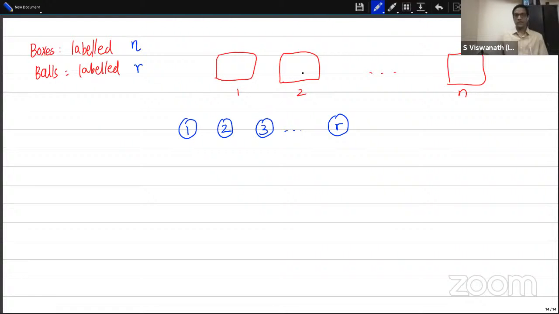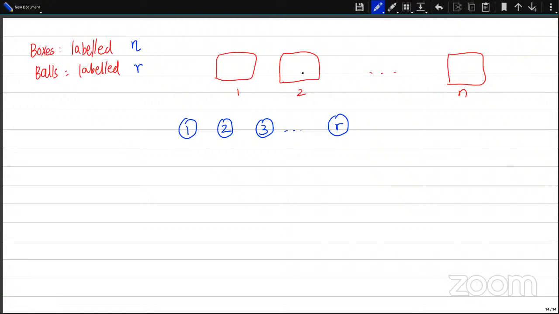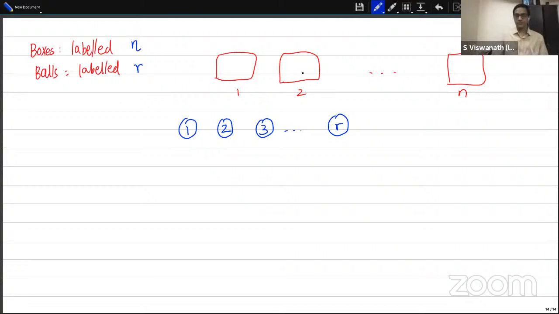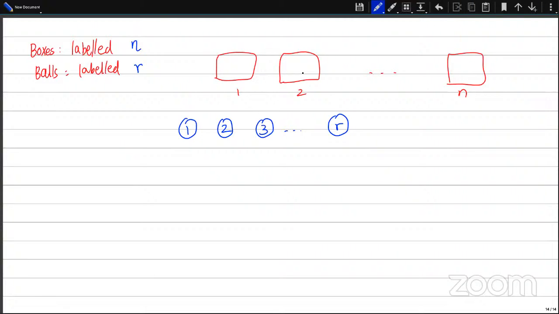Unlike the earlier case, let's not look at it from the point of view of the boxes. If I'm taking the first ball, that ball has n choices. Okay, great. So you just have to look at it from the point of view of the balls, not from the point of view of the boxes.